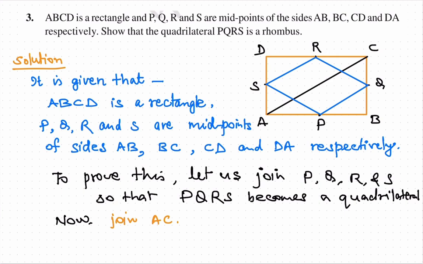Now let us join P, Q, R and S together. Therefore, we obtain PQRS and that is a quadrilateral because it has 4 sides. Now join A to C also. That is the diagonal of the rectangle ABCD.